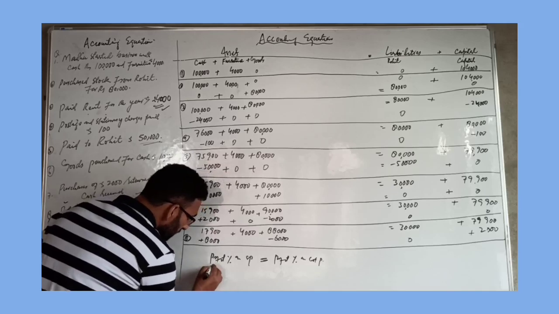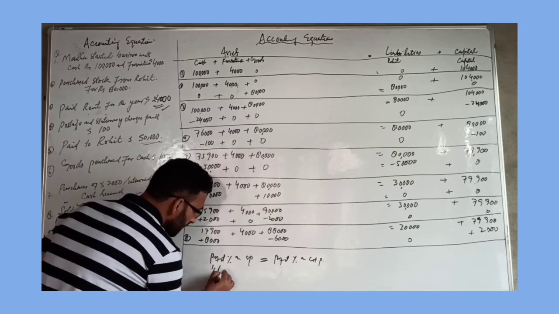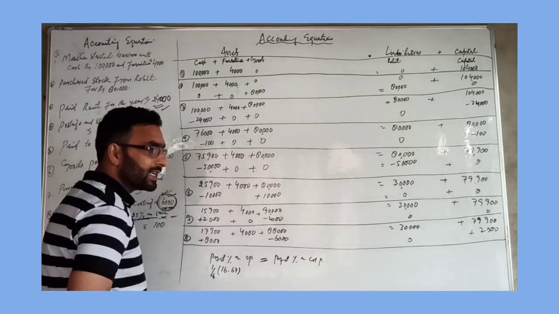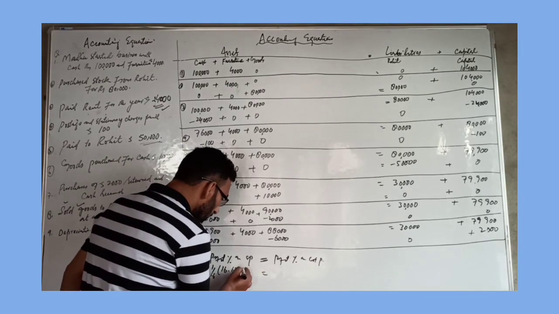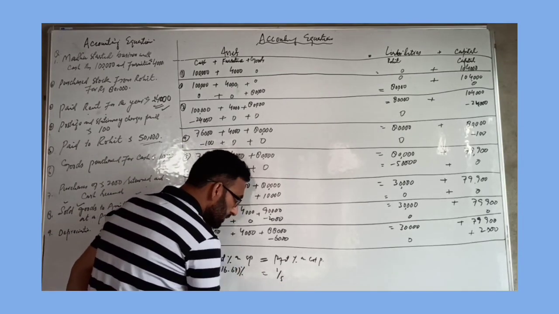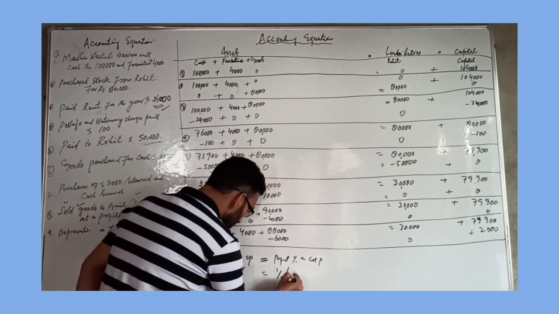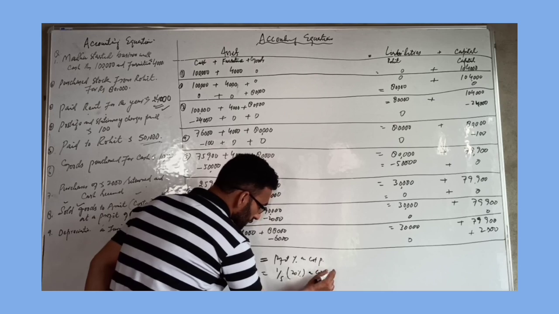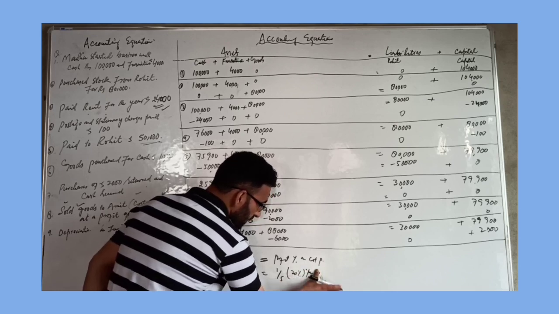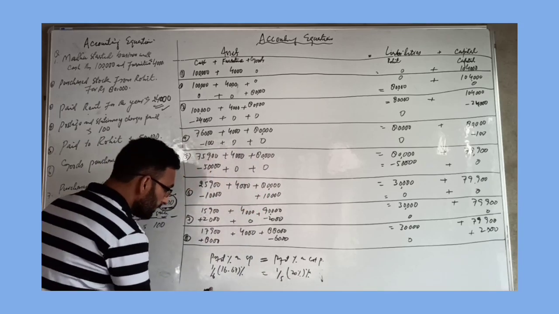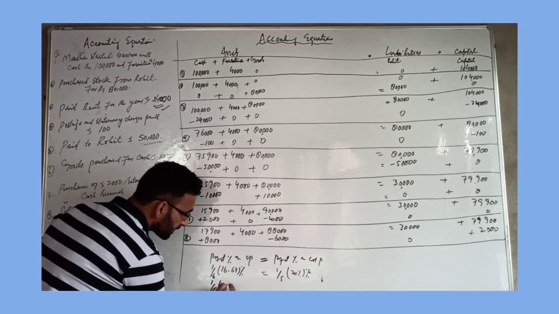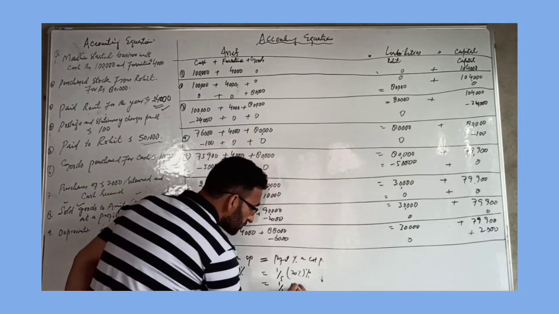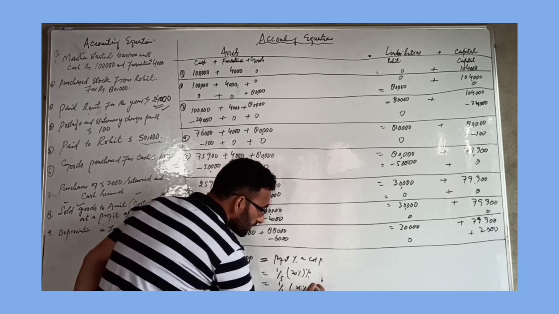Suppose 1/6, that is 16.67% on selling price, is always equal to 1/5, that is 20% on cost price. Similarly, 1/5, that is 20% of selling price, is equal to 1/4, that is 25% on cost price.